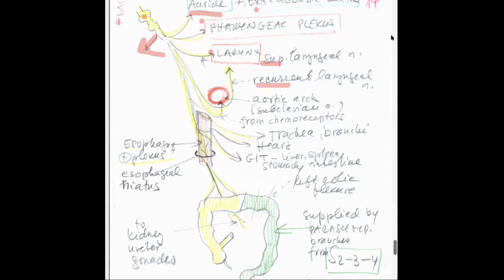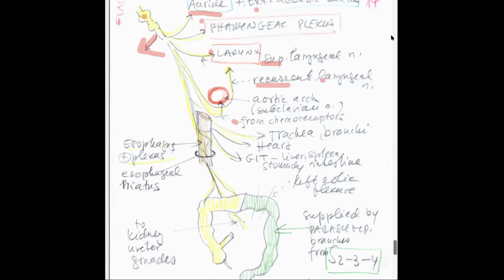We probably remember that recurrent laryngeal nerve runs around the aortic arch on the left side and around subclavian artery on the right side. It's a long one and ascends in the shallow groove between the esophagus and trachea on the neck, reaching finally the larynx. Then the branches from the chemoreceptors.